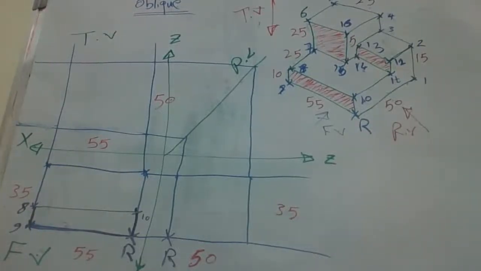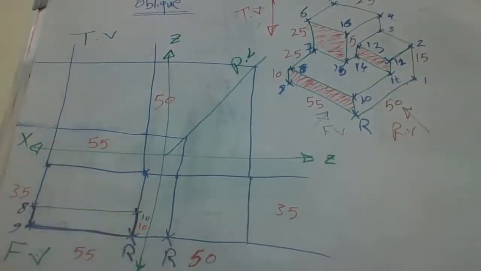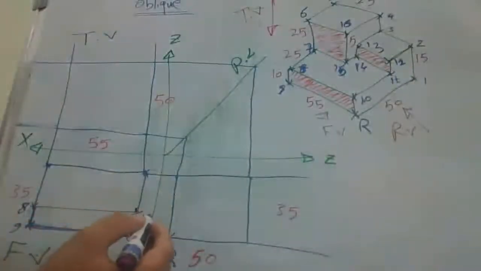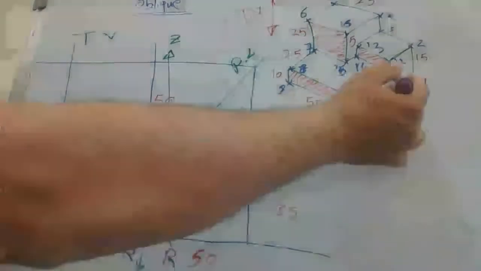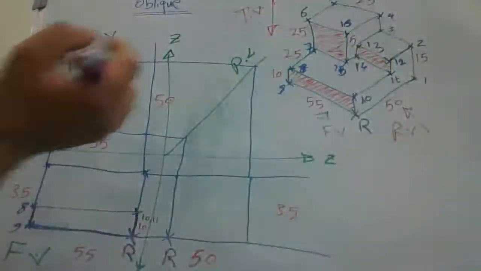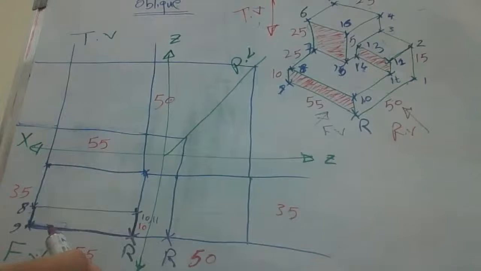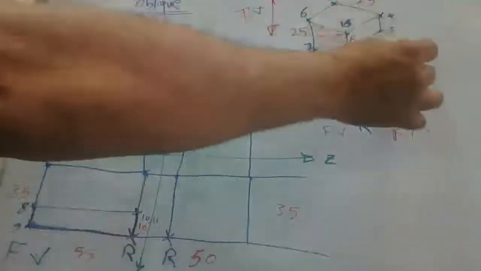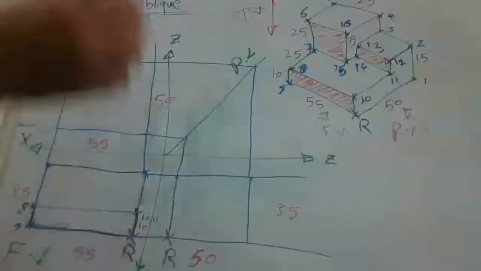Okay, now from 10 to 12, the point which is shown behind 10 is 11. From 11 to 12 is how much? 25. We remove 5 here. How much is the remaining? As we see here from 3 to 4, it is 20. 20 plus 15, that means 35 is the total.